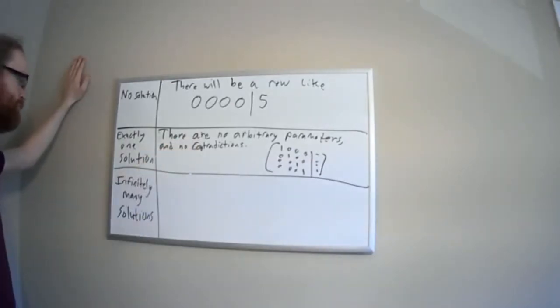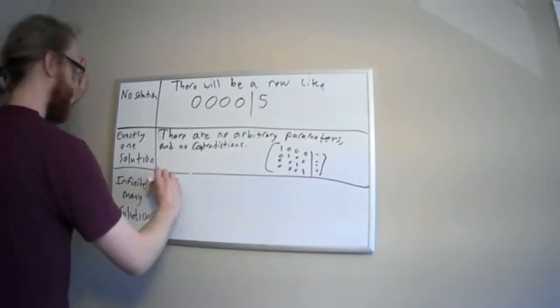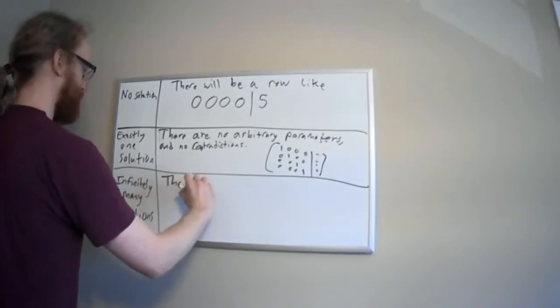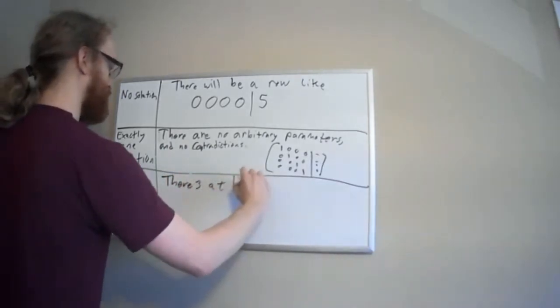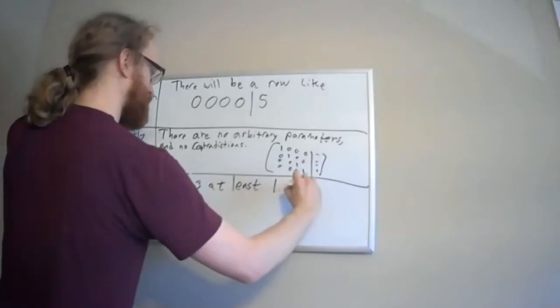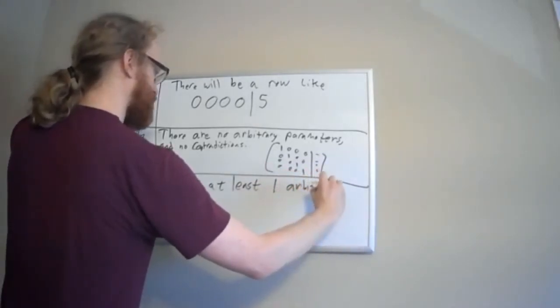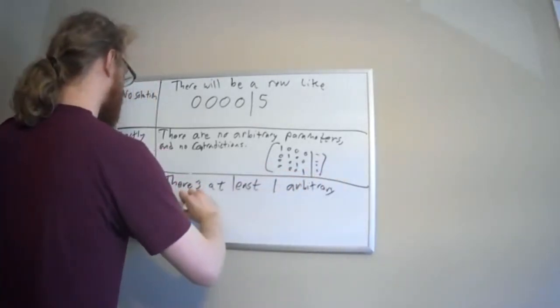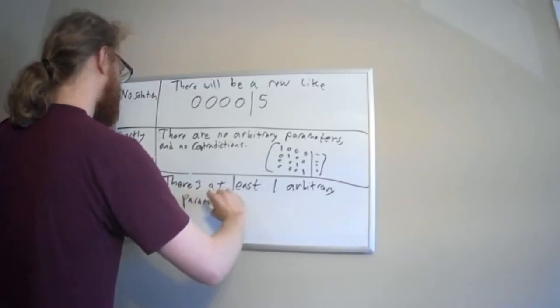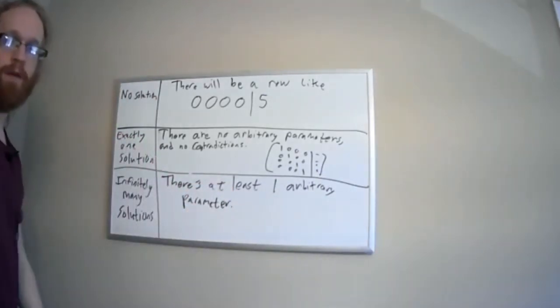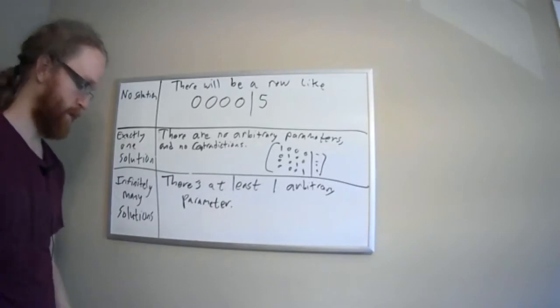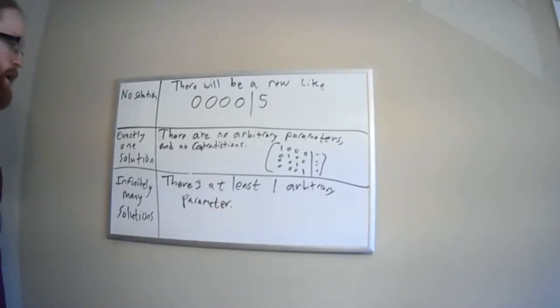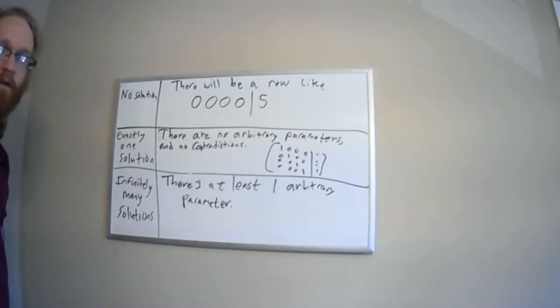That's exactly one solution. And then for infinitely many solutions, there's at least one arbitrary parameter, which again means that at least one column is missing a leading one. That tells you automatically that there are infinitely many solutions.